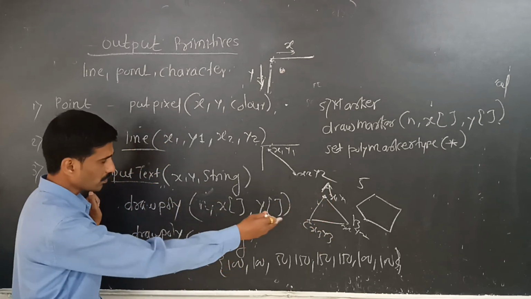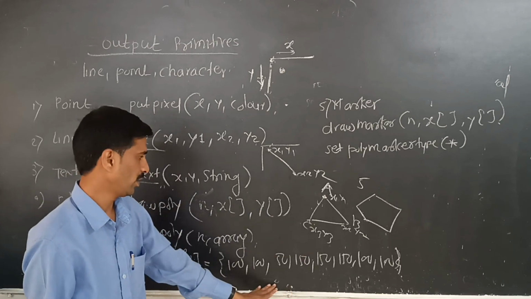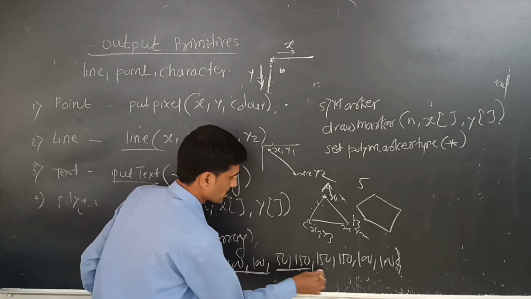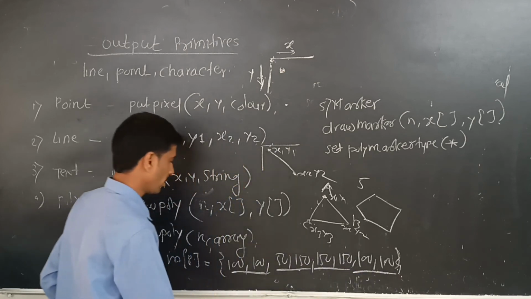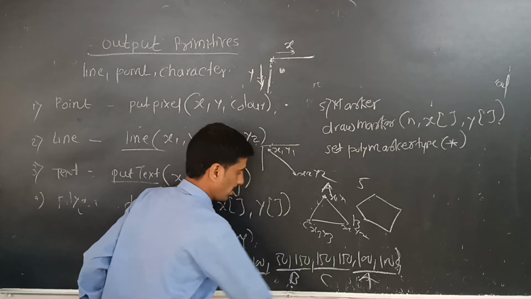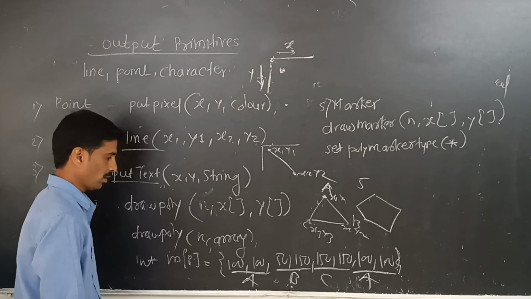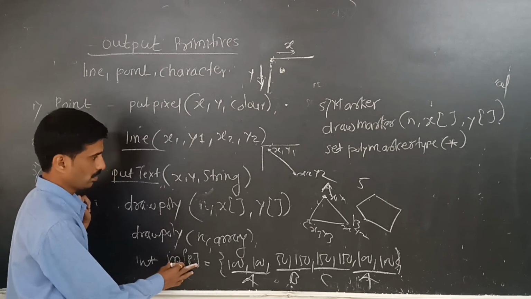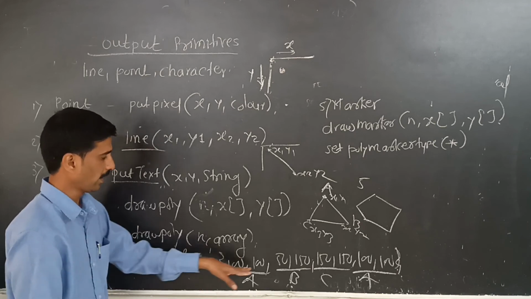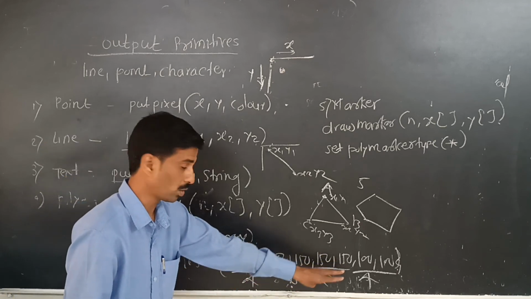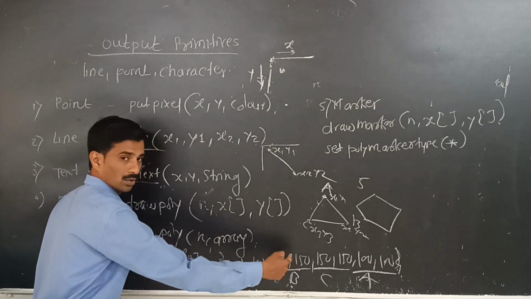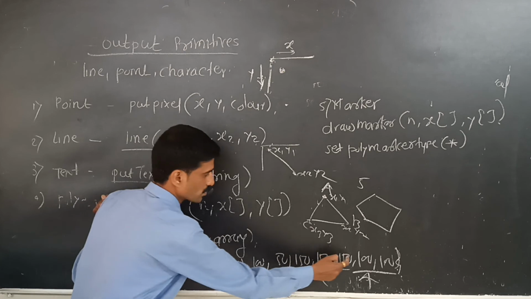Suppose this is a triangle, then this is the first, this is the second, this is the third, and this is the fourth point. Suppose this is A, B, C, and again this is A. So this is one array. I have called this M, and here are 8 points. This is a total of 4 points, but for displaying every point we require x, y, x, y, for 1, 2, 3, 4, 5, 6, 7, 8.